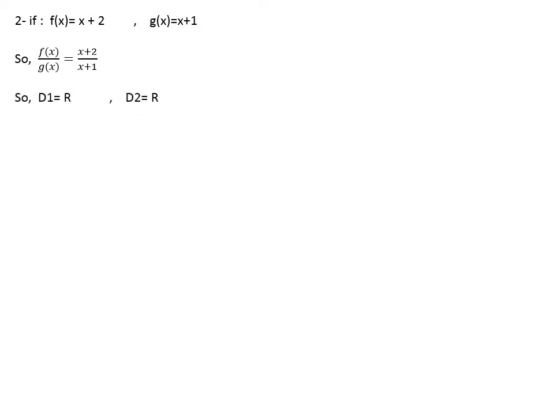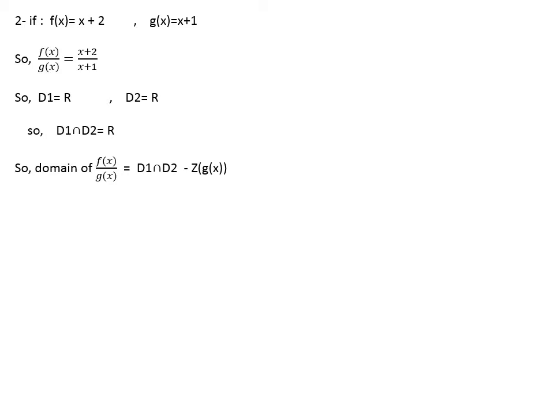First we have to get the domain of the first function, which is x plus 2, and the second function, which is x plus 1. The domain of each one is the real numbers because both are polynomials. So we have to get the intersection between them. d1 intersected with d2, which is real intersected with real, will be the real numbers.